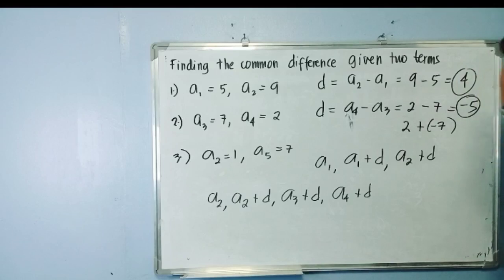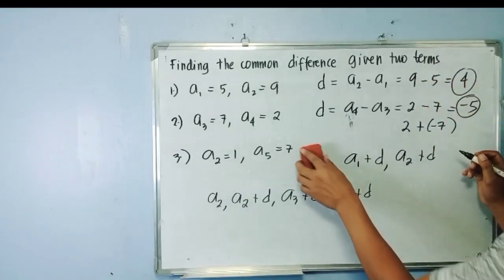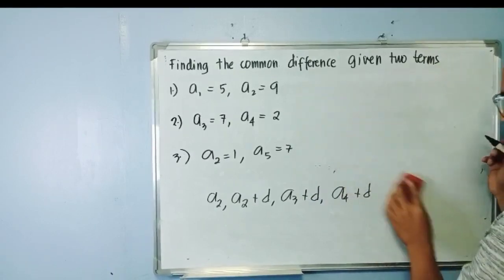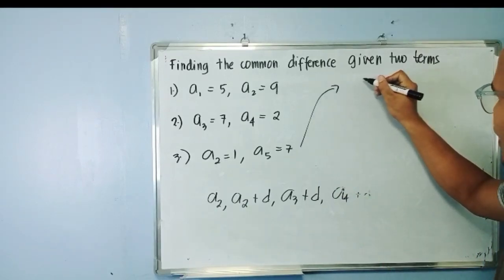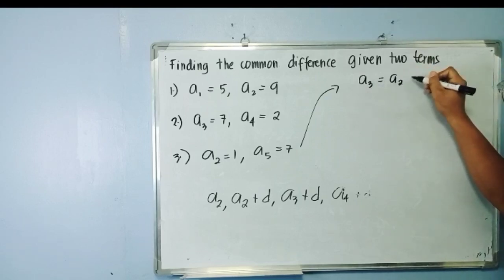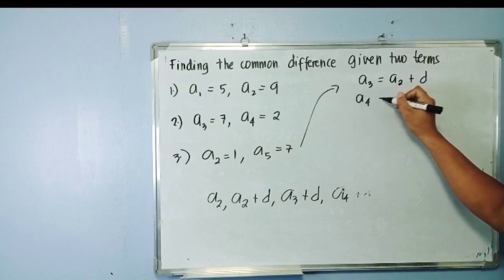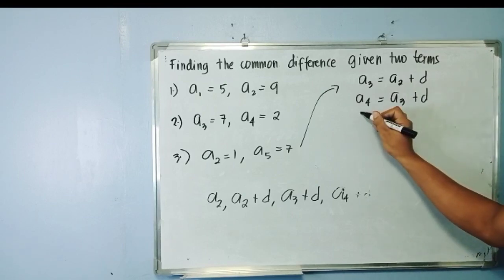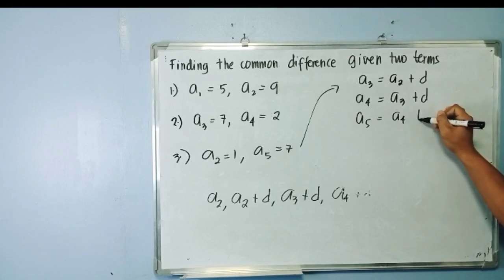Okay, so here we can say a sub 3 is equal to a sub 2 plus d. A sub 4 is equal to a sub 3 plus d. And a sub 5 is equal to a sub 4 plus d.